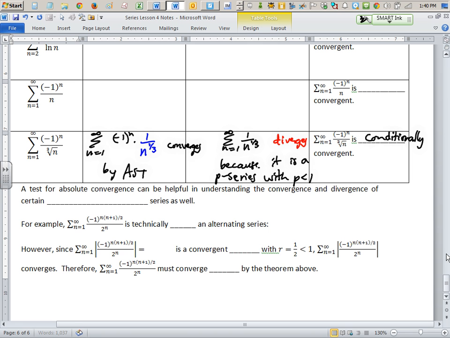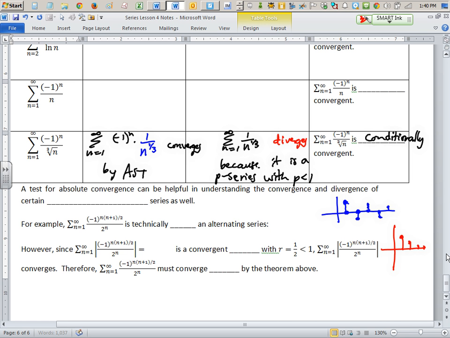There's one more thing that absolute convergence is helpful for. Remember I gave you a picture of red and blue. And I told you that anything with additions and subtractions is more likely to converge than something with just addition. So at the top of the page, I stated this once before, but we never really used it.